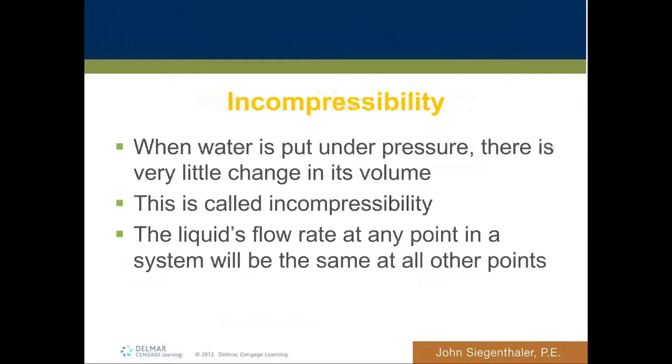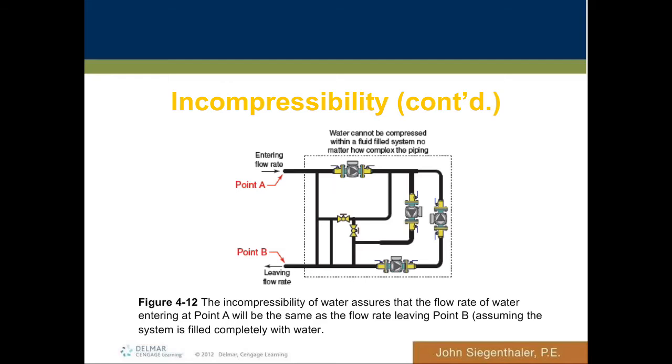Well, one of the reasons I care is that it tells me that if I'm moving water through a system, and let's say I leave a boiler at 5, 10, 15 gallons a minute, that's also the water flow rate coming into the boiler. So we'll look at another picture and another example. In my example here, this is just a little bit of an identification of looking at point A. If I look at point A, I know that I'm moving fluid into here, so whatever that flow rate is there, that's exactly what that flow rate is also here.